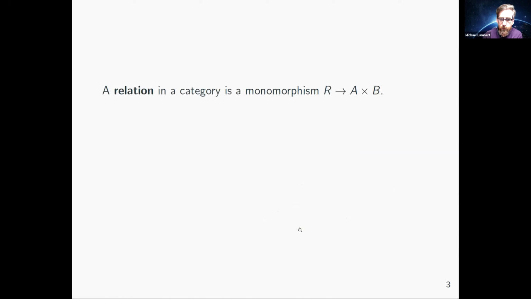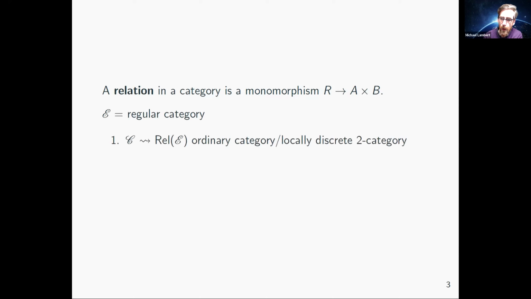So what are relations? They're just monomorphisms. If you have a regular category, you can get a nice calculus of relations in a variety of ways. If you're willing to mod out by an equivalence relation, you might get just an ordinary category of relations.